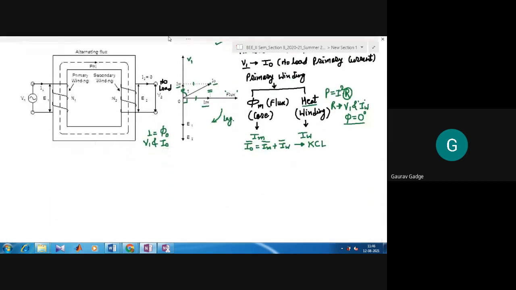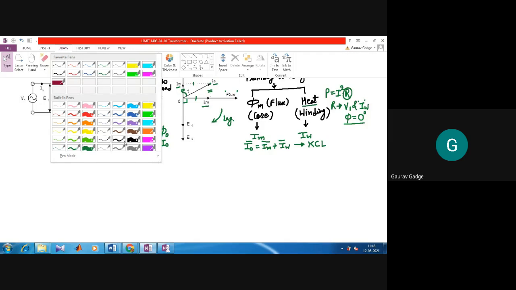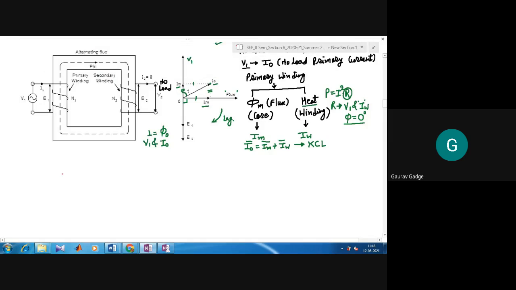Okay, now if I just want to write the expression here, that expression can be written. Just see. So the expression can be written as P naught is equal to supply voltage V1 multiplied by I naught into cos of phi naught.